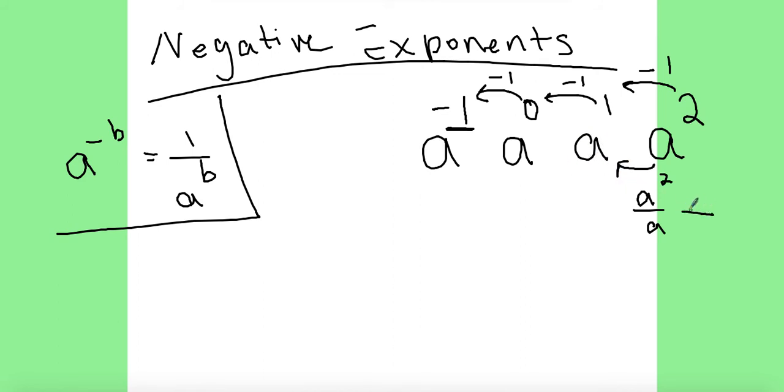And you'll see why I'm writing this as a fraction in a second. Right, this is an alternate notation for division, which we prefer to use as we make our way through algebra. Well, to get from here to here, I have to divide by a, whatever a is. But my prior number is a to the first, which is just a, divided by a.